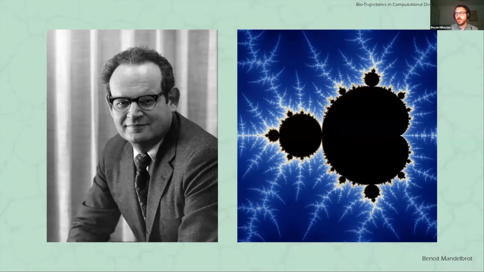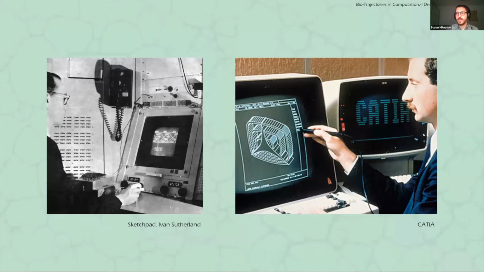And while all these exciting developments were happening at the forefront of computer science and mathematics, in the meantime designers also adopted the use of computers, and their computer modeling tools evolved from mere 2D drafting boards to something more complex, 3D modeling instruments where they could see their designs in 3D space.